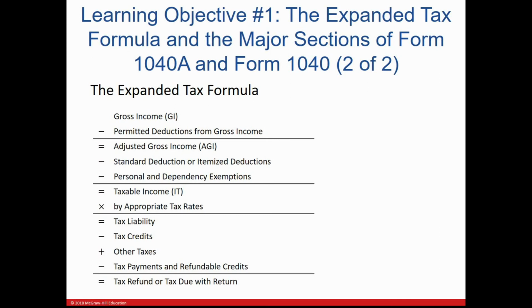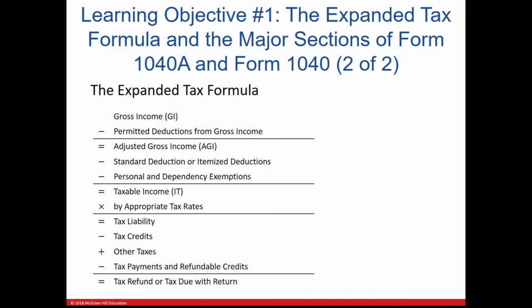And then we'll deduct from that the personal and dependency exemptions to finally arrive at taxable income. And then it's from taxable income that we'll consult either the tax tables or the tax schedules to determine our tax liability, deduct any credits, add other taxes, deduct other payments or refundable credits, and we'll wind up with either a tax refund or an amount due.